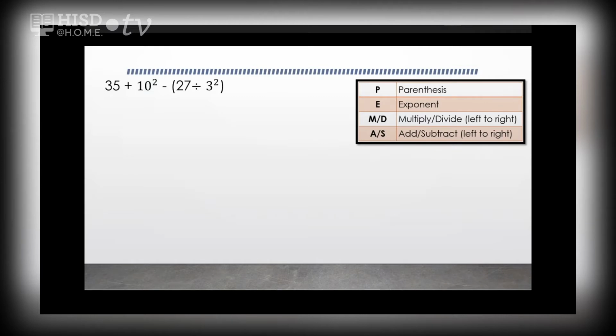According to our anchor chart, the first part of the expression that we have to look at is inside of the parentheses. So that means that the first thing that I have to start solving is 27 divided by 3 squared. Furthermore, on this expression right here, I have to start, as I see here, with the exponent.